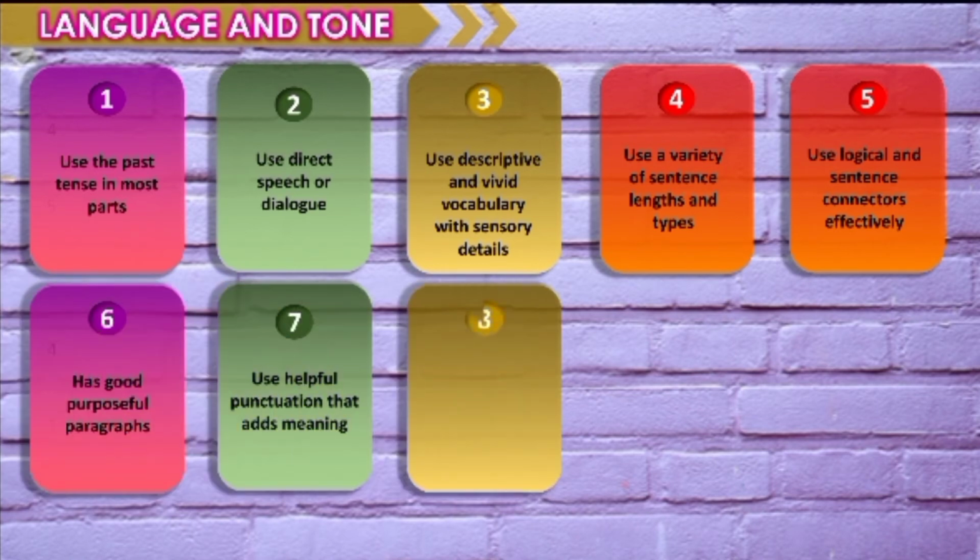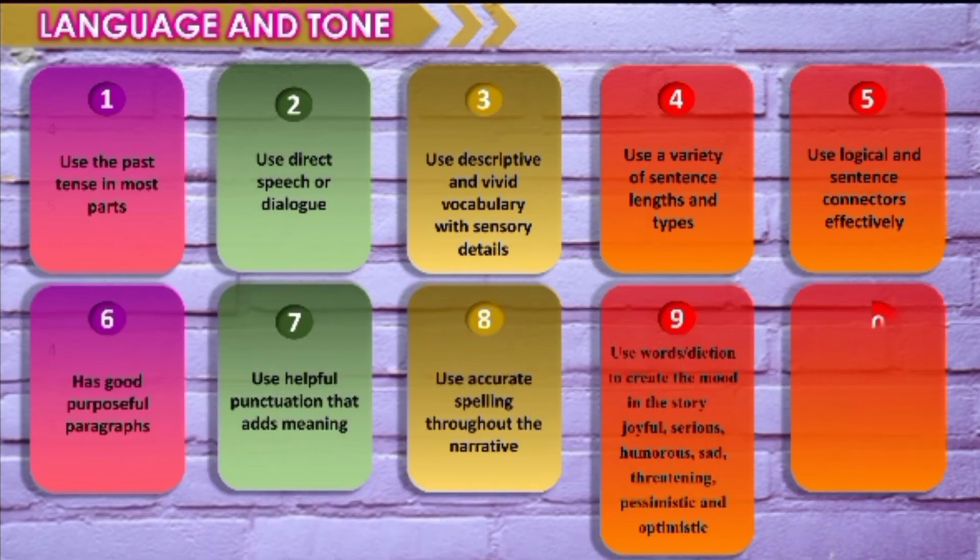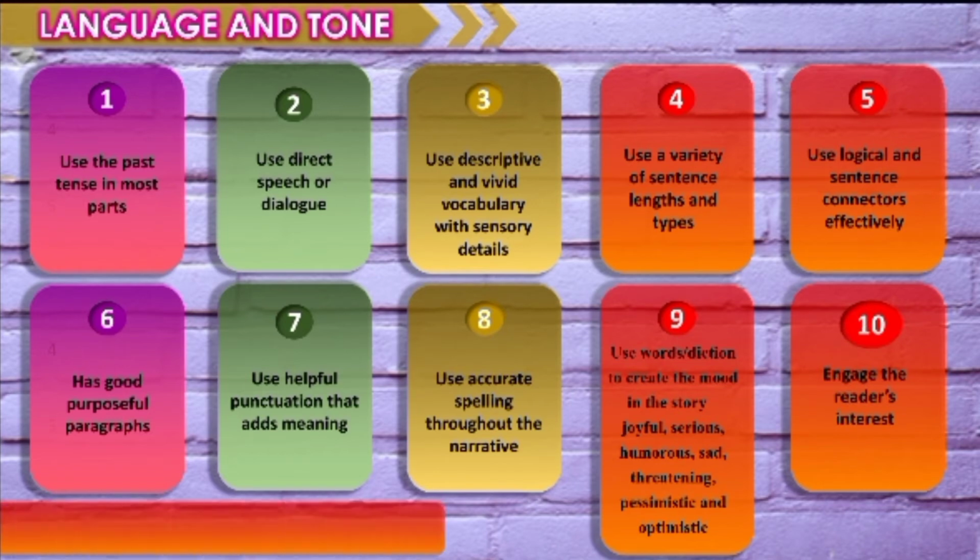So now let's have a look at what are the language and tones that you need to consider. So for the first one, use the past tense in most parts. You need to remember you are writing a narrative, a story that you had watched or had happened in the past. Number 2, use direct speech or dialogue.